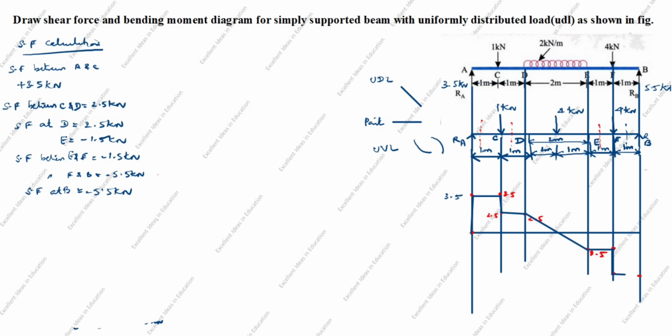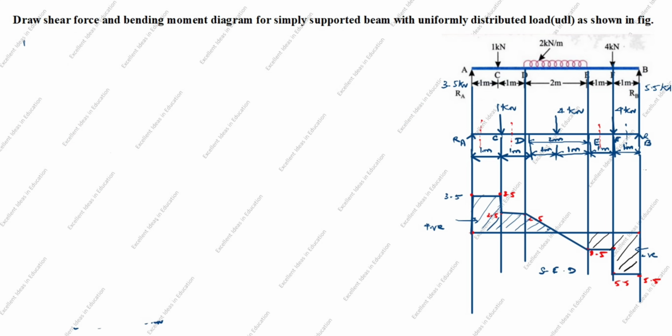This is a point load, straight. So it joins here and ends with 0 only. 5.5, 5.5. This part is negative. This whole thing is positive. This is the shear force diagram.